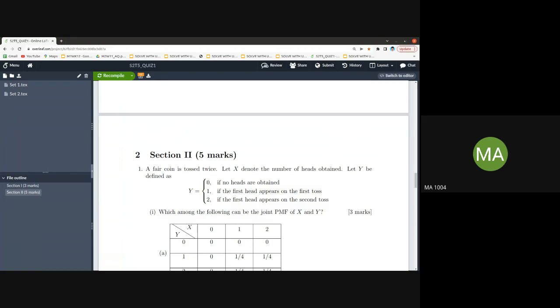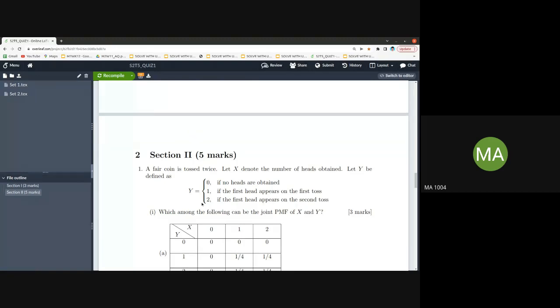So when will Y take value 2? Both are heads? No, it's not both heads. Second time head, sir. TH. So when Y is 2, the first outcome is tail and the second outcome is head.